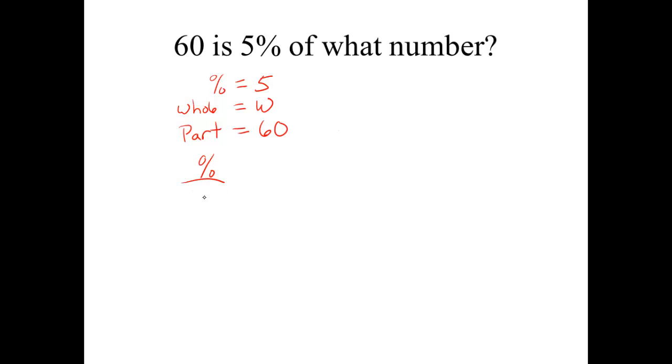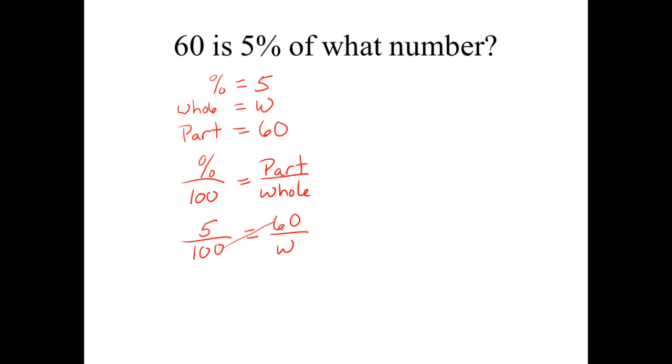Percent over 100 is equal to part over whole. Our percent is 5 over 100 is equal to part, which is 60, over whole, which is our unknown.